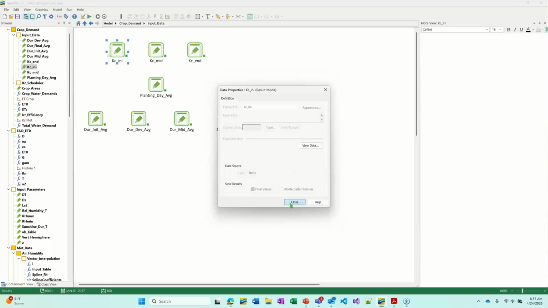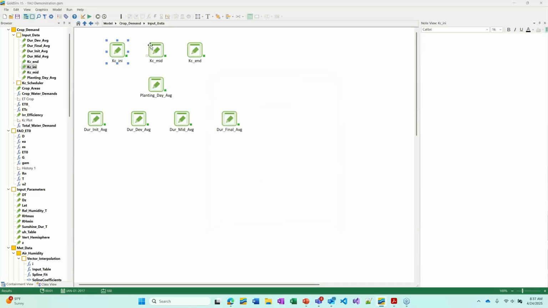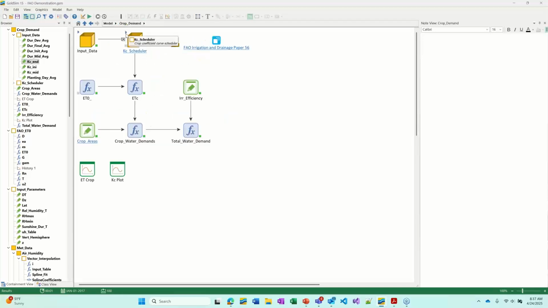And so I have KC values for initial, mid, and end. And then I have average planting day and average durations for each of the growing periods. And this is a model also on our website, by the way, for looking at crop coefficients.